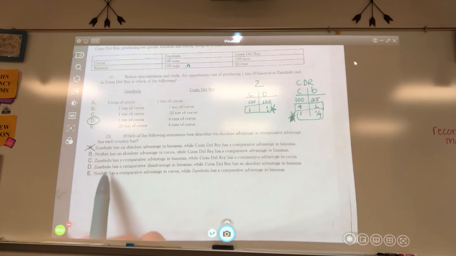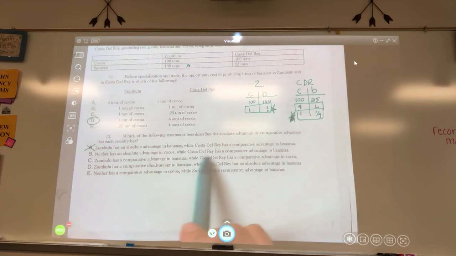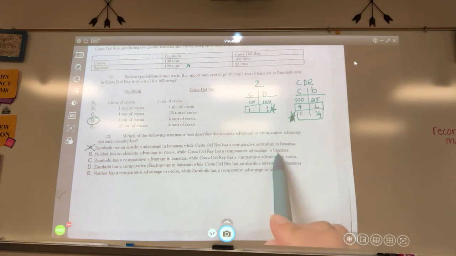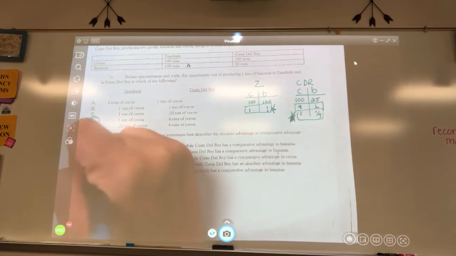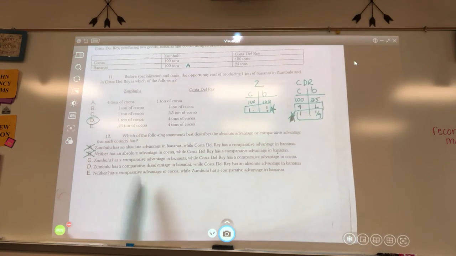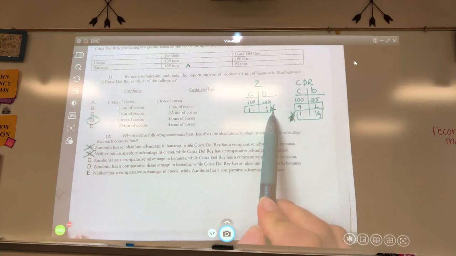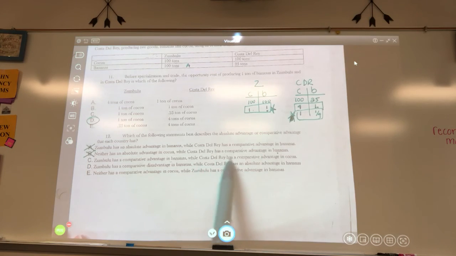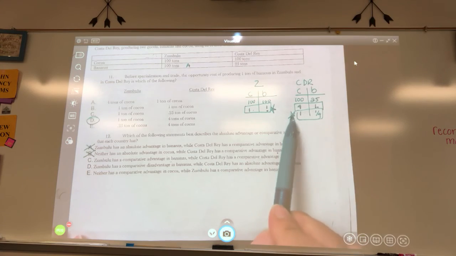Neither has an absolute advantage in cocoa. Coastal Del Rey has a comparative advantage in bananas. No. Zimbulu has the comparative advantage in bananas. Yes. Coastal Del Rey has a comparative advantage in cocoa. There we go.